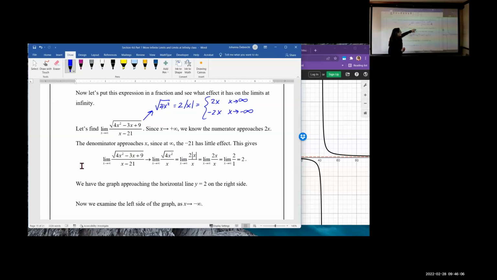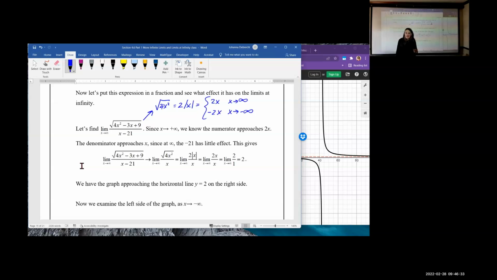Now, since we're going to positive infinity, we know that it will approach 2x, so that we can replace it with 2x, and the denominator, x minus 21, is dominated by the highest degree term, which is x. So this becomes 2x over x, which reduces and gives us 2. So on the right side, we have a horizontal asymptote of 2.